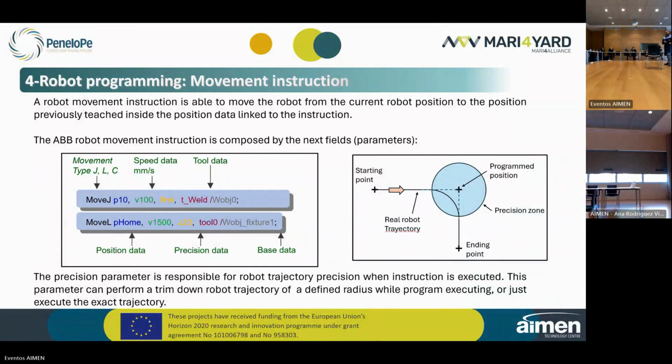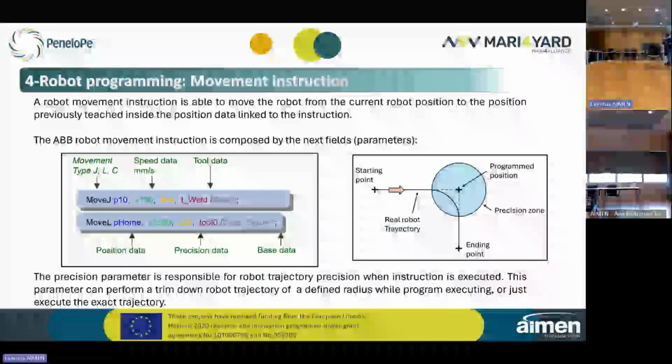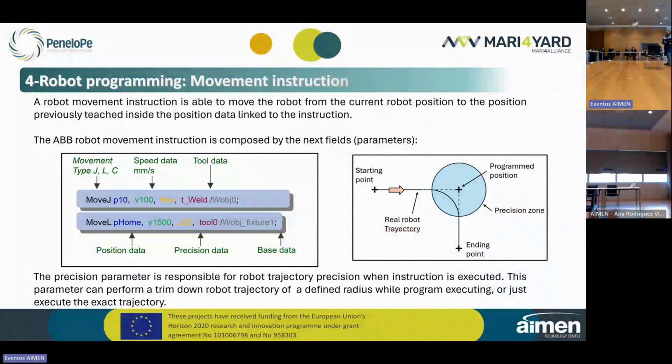So this is the presentation of the most important instruction to move a robot, and nothing else about these instructions. Of course, this is for ABB. For other robots, the names may not be the same, but are similar.